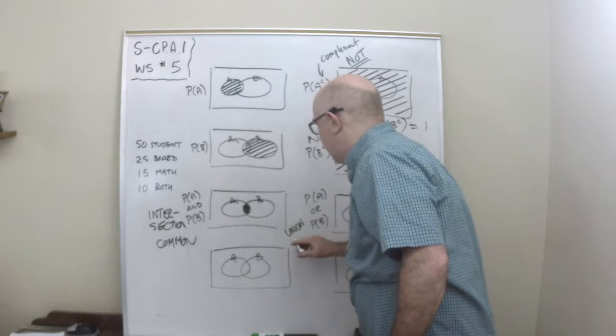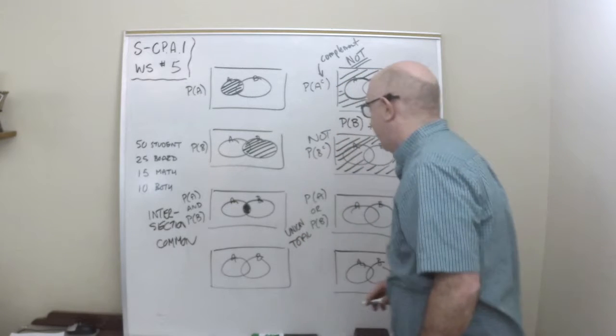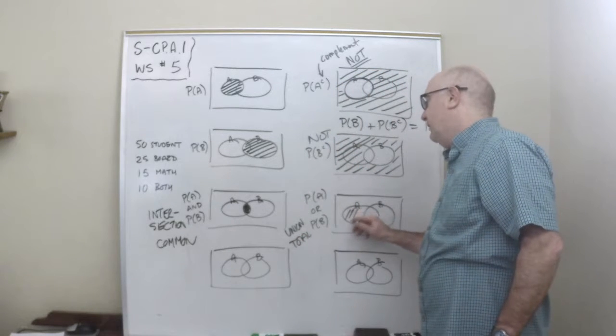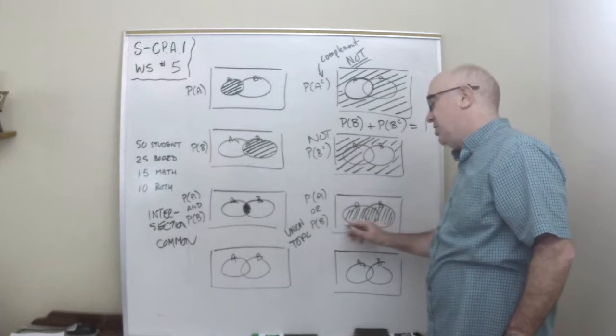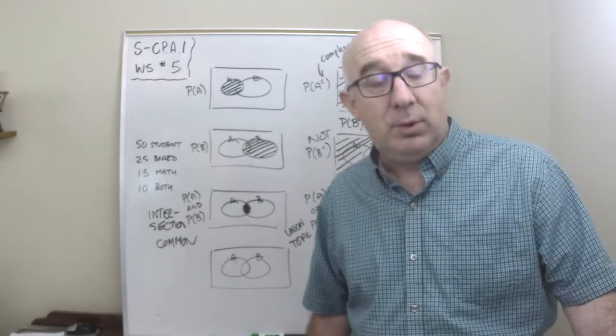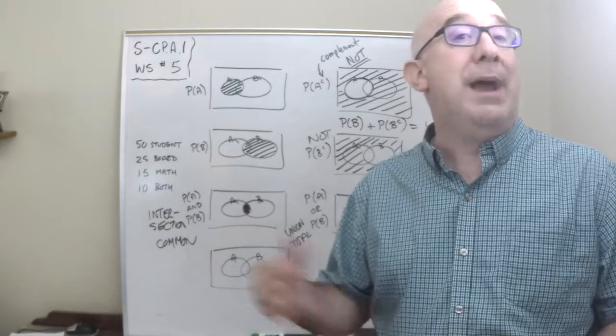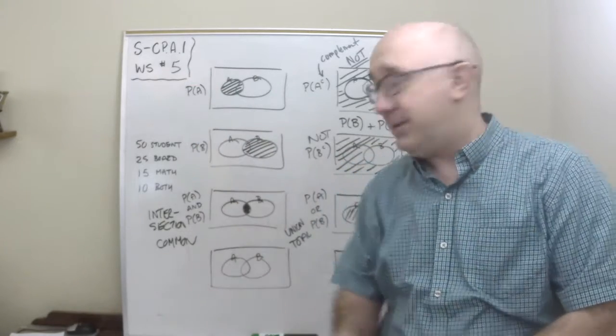It is the total of the things together. So it's the probability of A or B. So it's all of that region, everything in those two boundaries, because it's A or it's B. It's like getting a red marble or a green marble. You just combine them together. Okay?